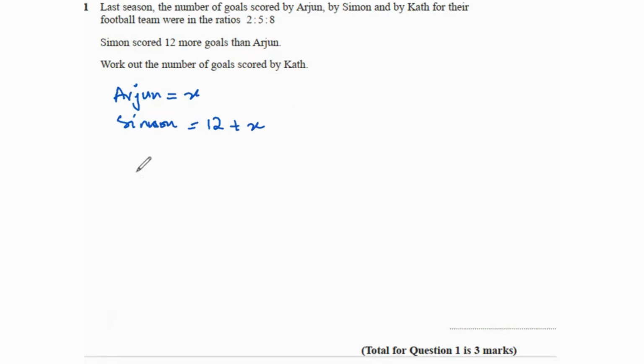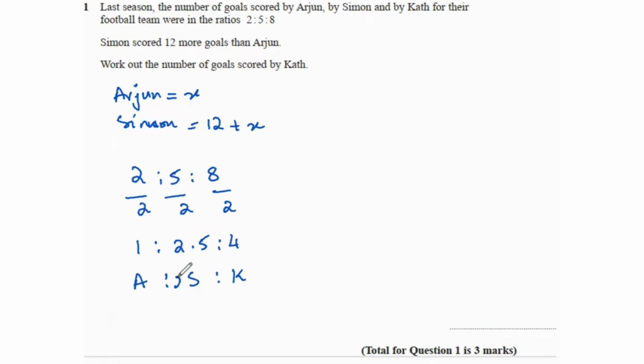So if we divide everything in the ratio by 2, that's 1:2.5:4. So 1 is for Arjun, 2.5 is for Simon, and 4 is for Kath. For every 1 goal that Arjun scores, Simon scores 2.5 of that.